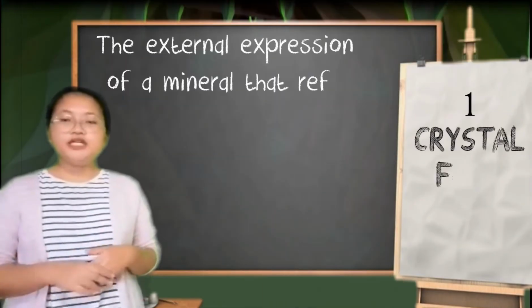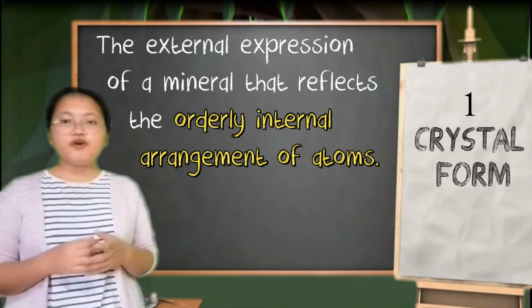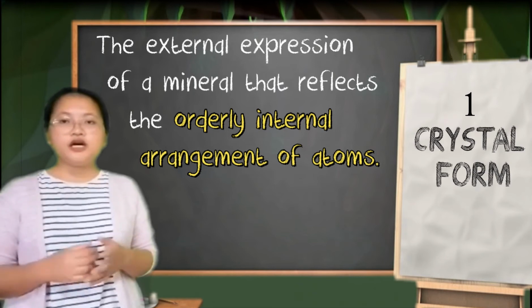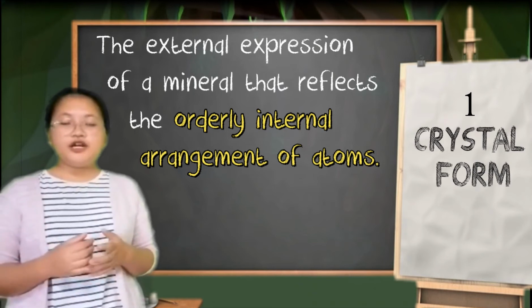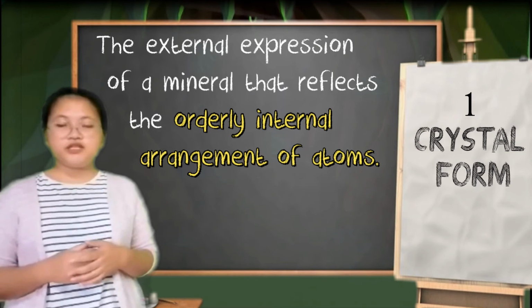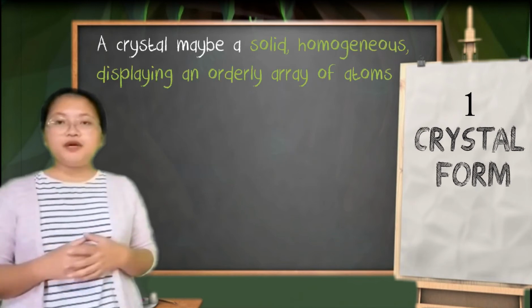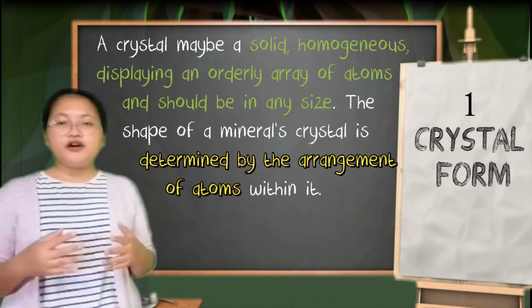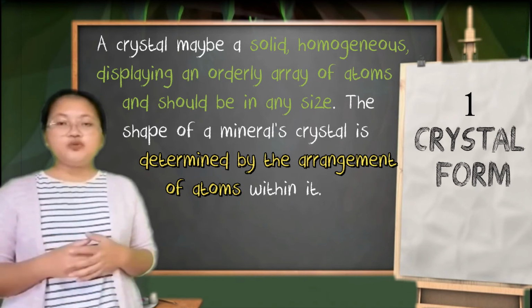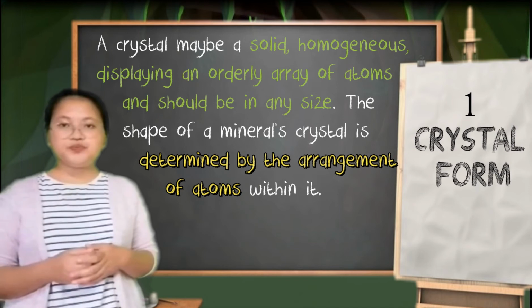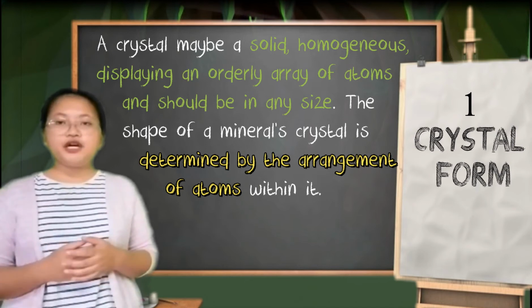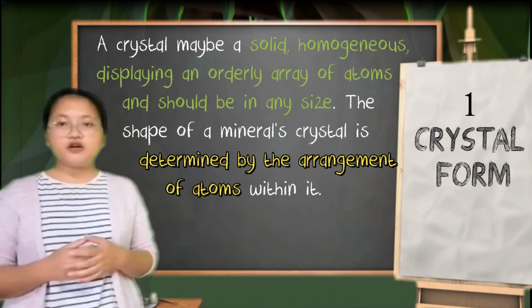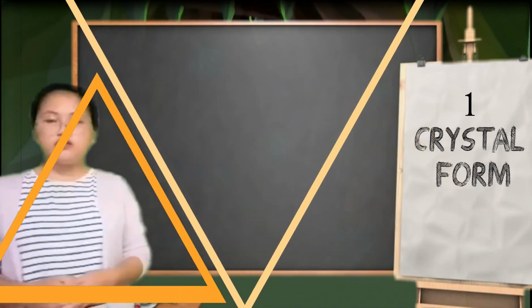Crystal form. The external expression of a mineral that reflects the orderly internal arrangement of atoms. A crystal may be a solid, homogeneous, displaying an orderly array of atoms, and can be of any size. The shape of a mineral's crystal is determined by the arrangement of atoms within it.